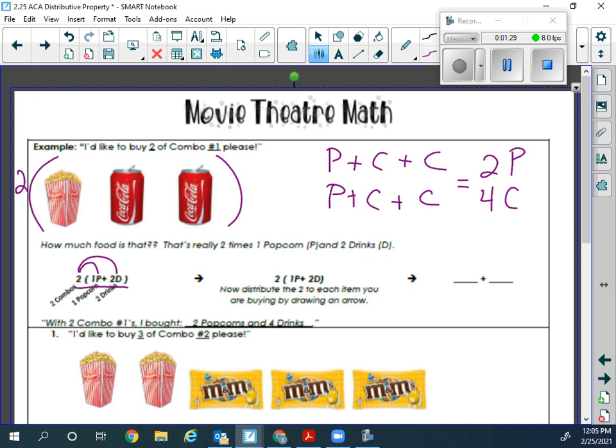We're distributing it, okay? So we would say 2 times 1P, what would that be? 2P, and 2 times 2D, what would that be? 4D. And I can just use this C up here. So altogether, we would have bought 2 popcorns and 4 drinks. Does that make sense, you guys?